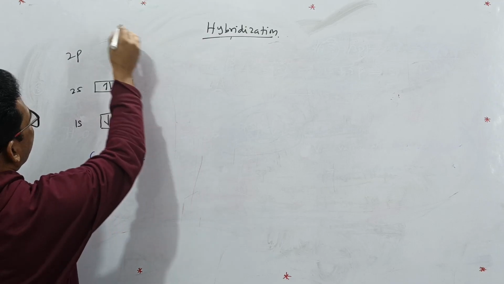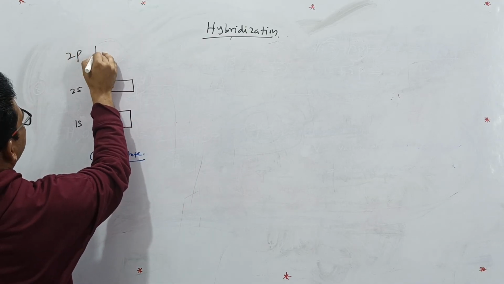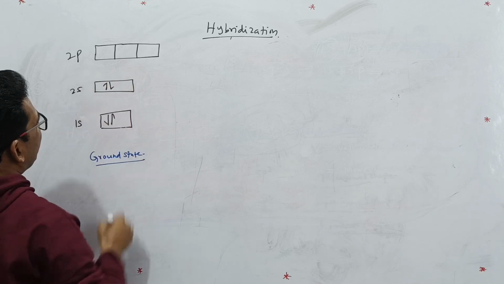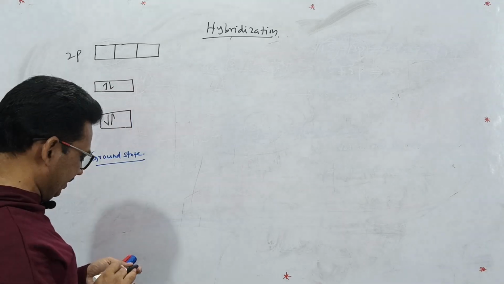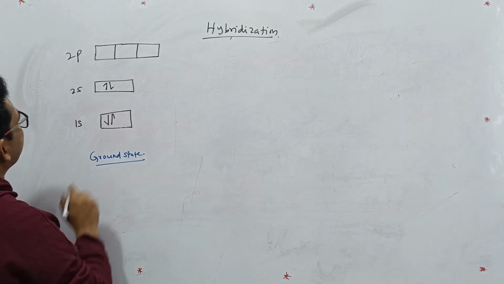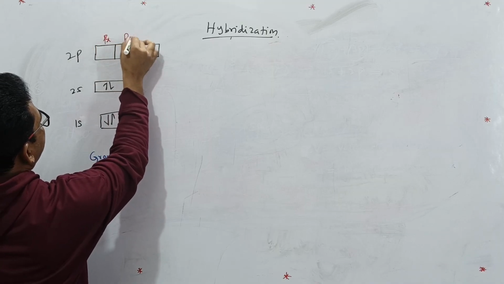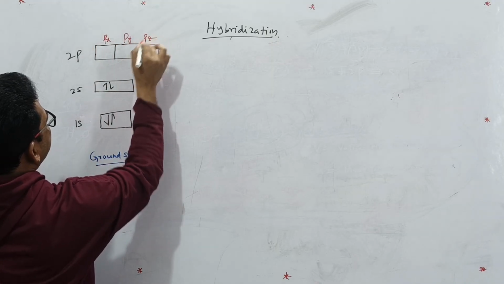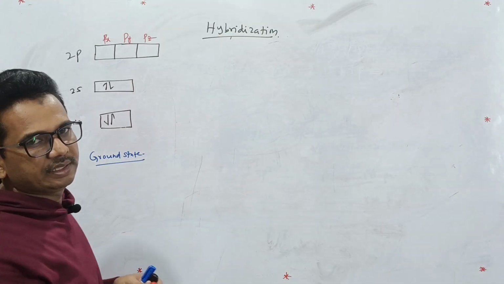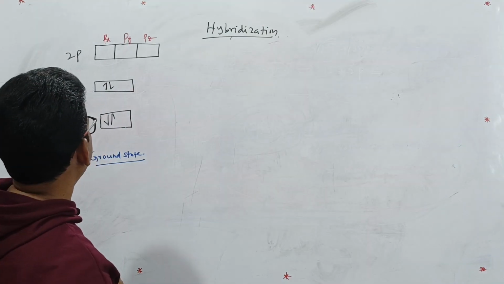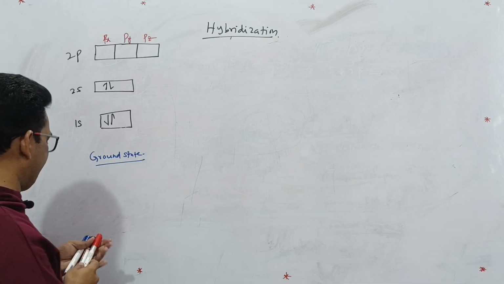How many electrons according to the electronic configuration? P means how many orbitals? 3 orbitals. This is called px, this is py, this is pz. Each orbital has 2 electrons, so the capacity is 6 electrons for the p orbital.